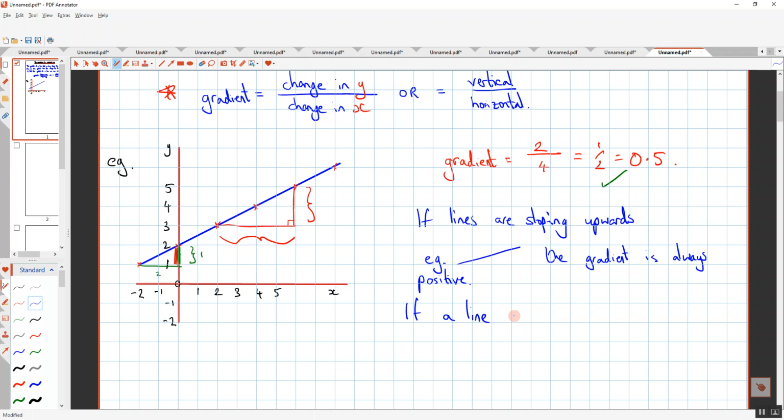However, if a line slopes downwards, what did we say last time about the gradient then? Pardon me? If the line slopes downwards, what did we say about the gradient then? They're always negative. Yeah.